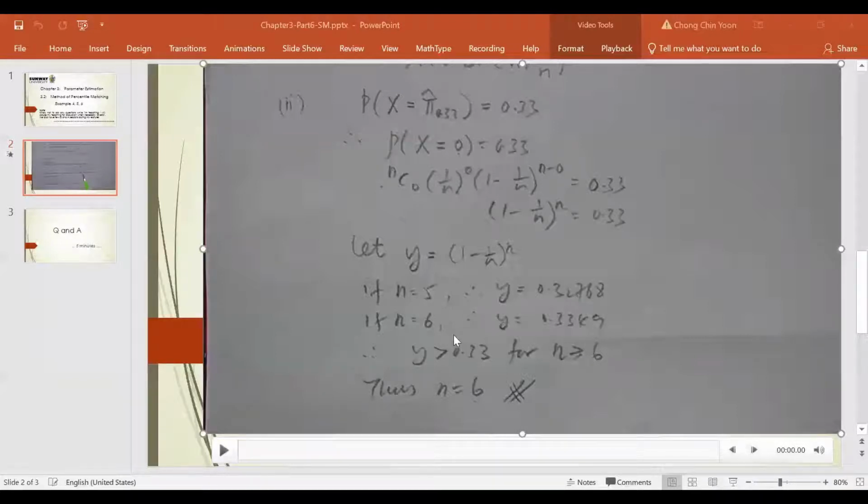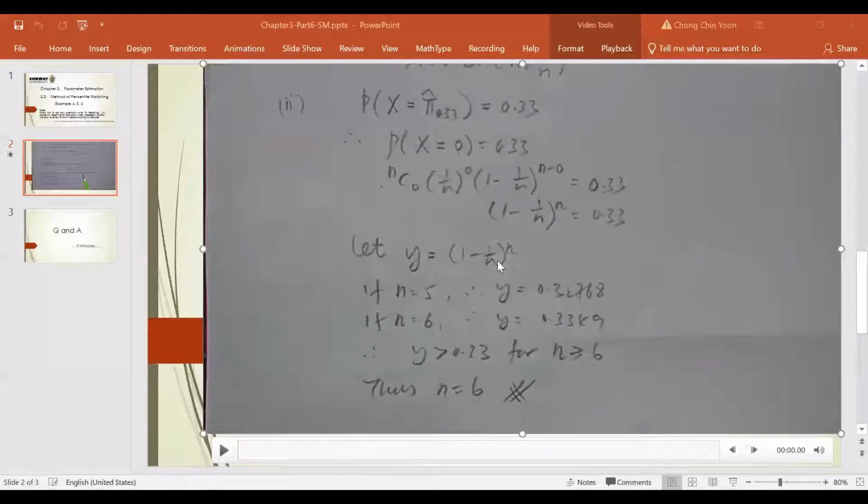This is monotonic, which means that when n is 7 and 8, this is definitely greater than 33%, because monotonic increasing means it keeps increasing, it won't come down. So this is a one-to-one function. There are no other values. When n is increasing, the graph won't come down.